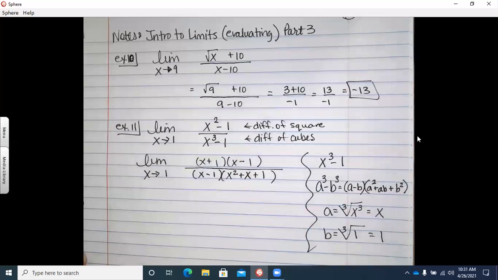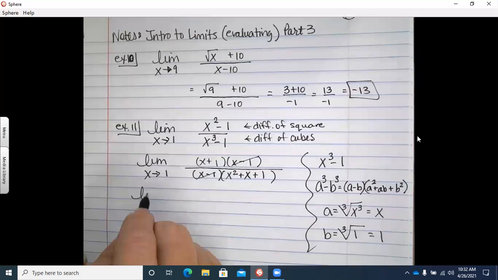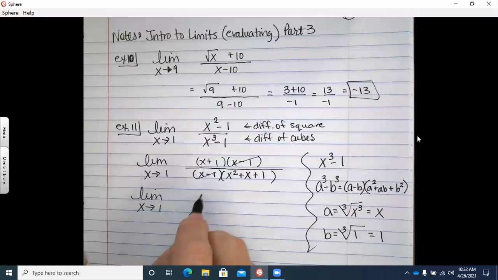Now we're hoping that x minus 1 will cancel, because that's the reason we can't do direct substitution, right? Is it going to cancel? Yeah. x minus 1 and x minus 1 cancel. So what is the limit as x approaches 1 of x plus 1 divided by the quantity of x squared plus x plus 1?